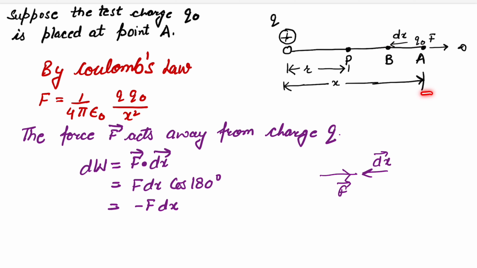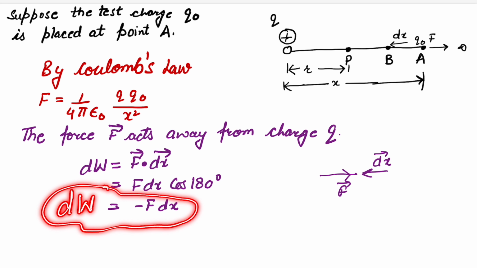So the distance is travelled in this way, while the positive charge plus q has force in this direction. So the force and the dx are on the same line, so the angle between them is 180 degrees, and cos 180 degrees means minus 1. So dW is equal to minus F dx.